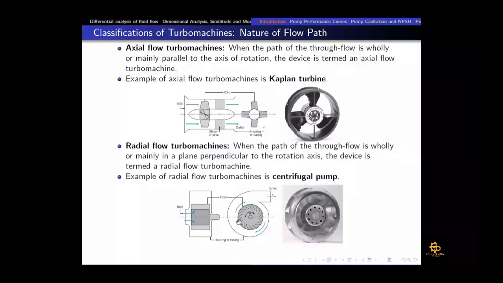So they are the centrifugal pumps which are usually installed in our homes.